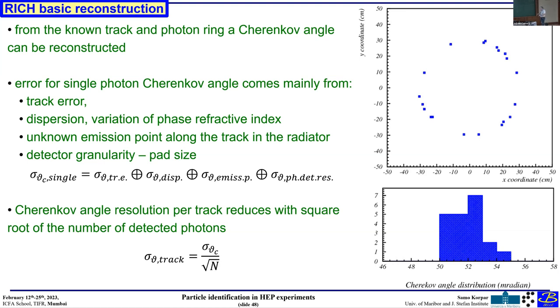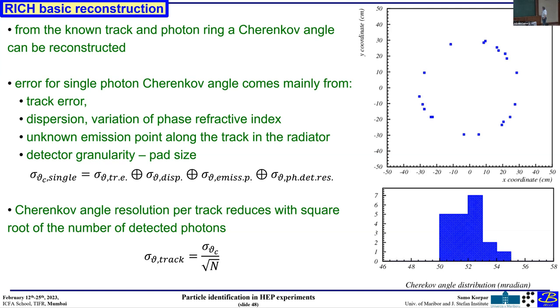In a focusing detector it's a little bit different, because all the parallel tracks will produce rings at the same position. But from the direction of the track, you know where the center of the ring should be, and then you can again calculate the Cherenkov angle. So basically, we always use the tracking information to reconstruct Cherenkov patterns. Now, there are several contributions to the error in this process.